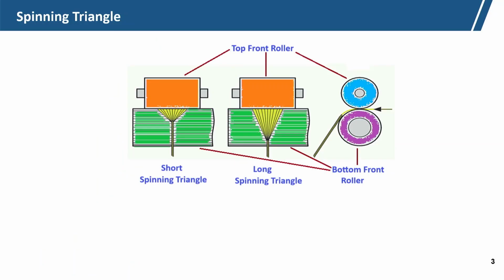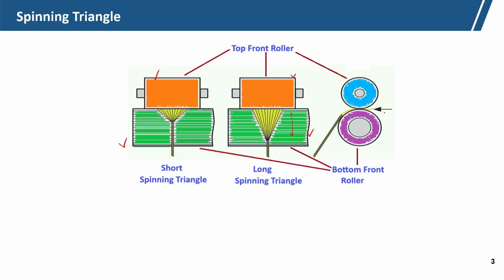Now, if we see the front roller, this is the top front roller and these are the bottom front rollers. There are two types of spinning triangles explained here: one is the short spinning triangle, another is the long spinning triangle. This is a long spinning triangle and the bottom rollers are here.